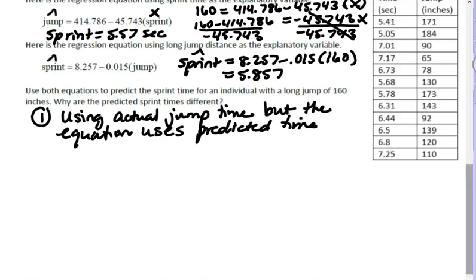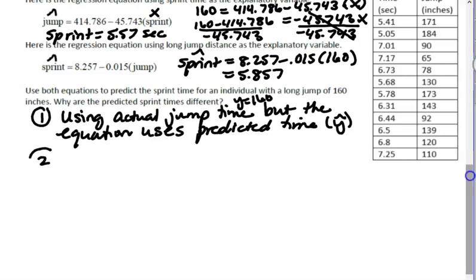The 160, so we have y equals 160, but this is predicted jump time. This is y hat. So we're trying to use actual jump time to find it in this, but this is only predicted jump time here.